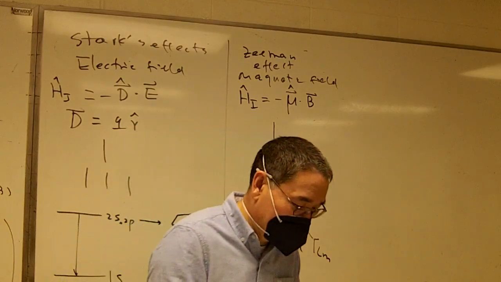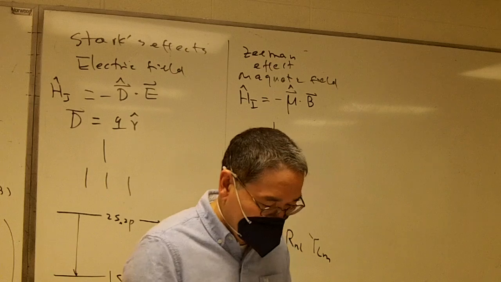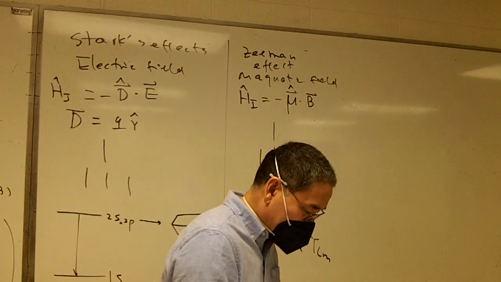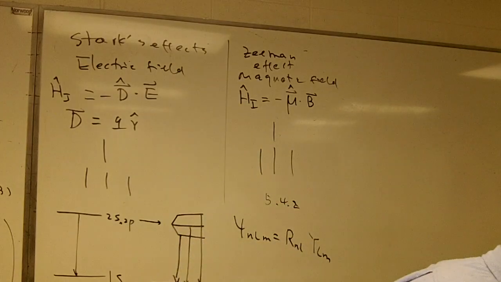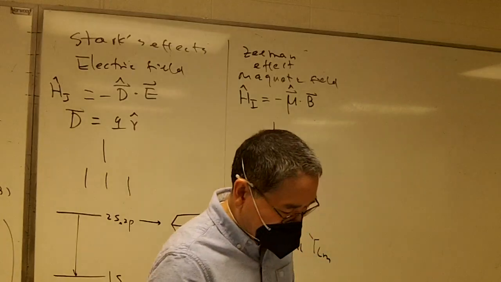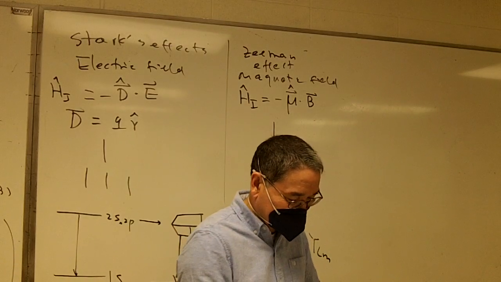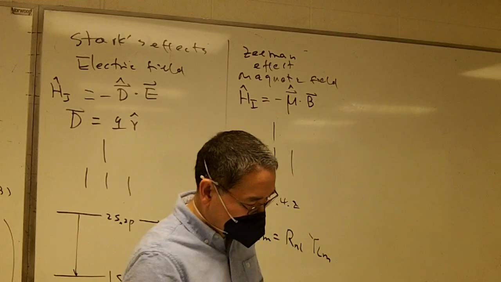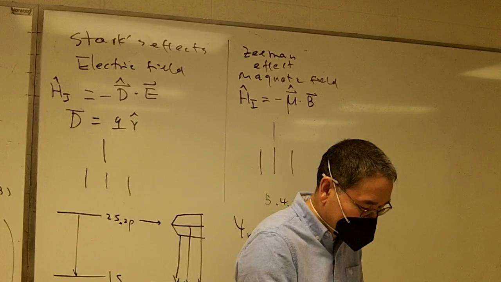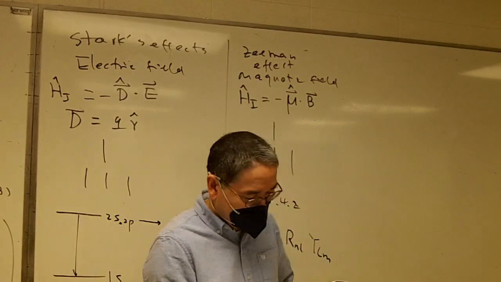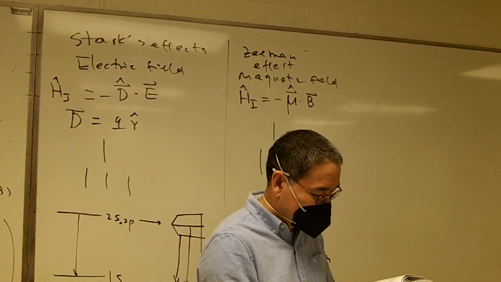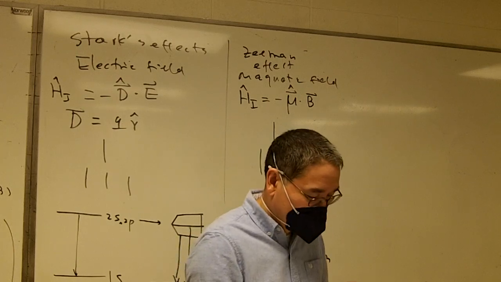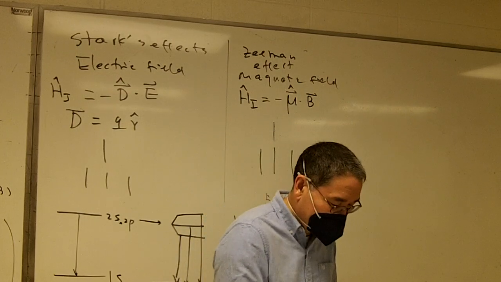Cosθ times Y_lm equals the square root of ((l+1)² − m²) over ((2l+1)(2l+3)) times Y_l+1,m, plus the square root of (l² − m²) over ((2l−1)(2l+1)) times Y_l−1,m. This shows that cosθ Y_lm is represented by two other spherical harmonics.